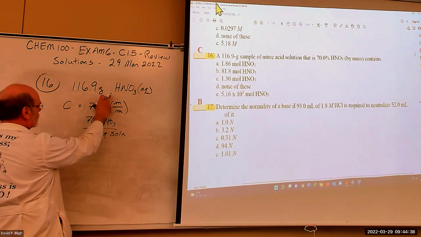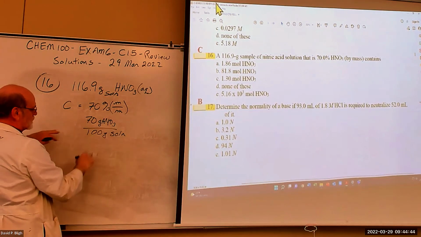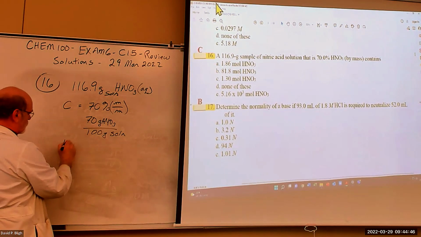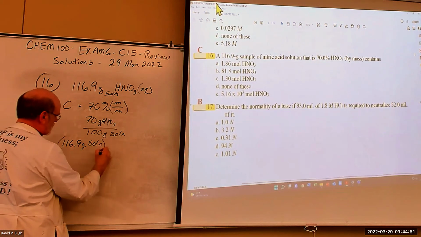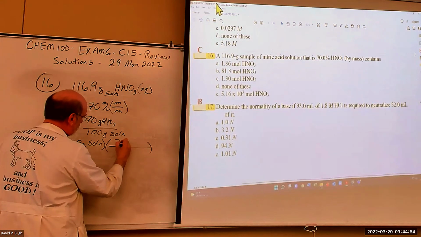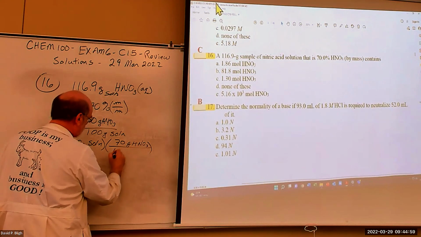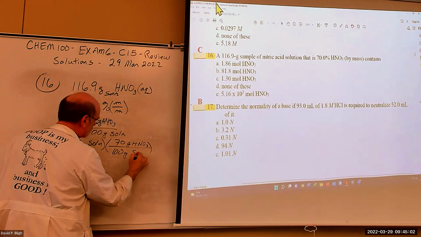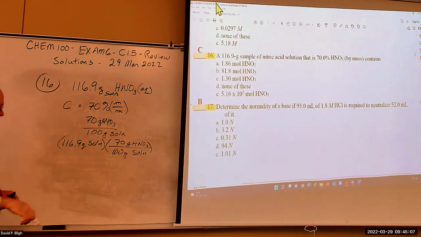If you have this many grams of solution, then we can find out how many grams of HNO3 there are. 116.9 grams of solution, 70 grams of HNO3 per 100 grams of solution. So that cancels out. 70 times that divided by 100 is really 0.7 times 116.9, which is 81.83.